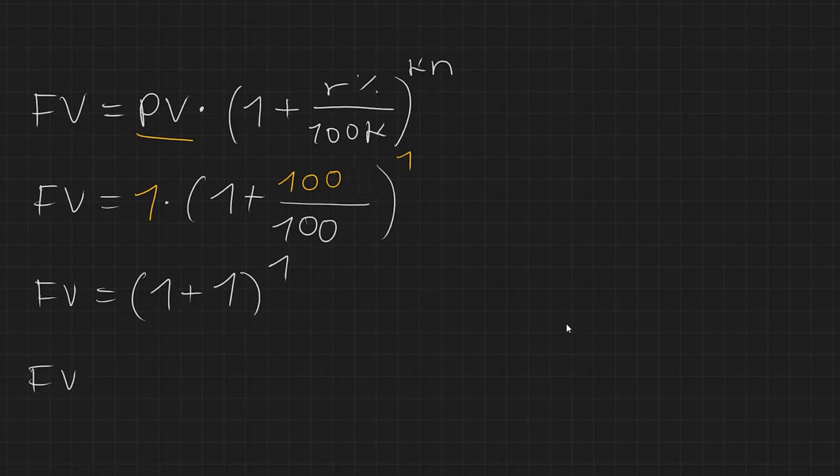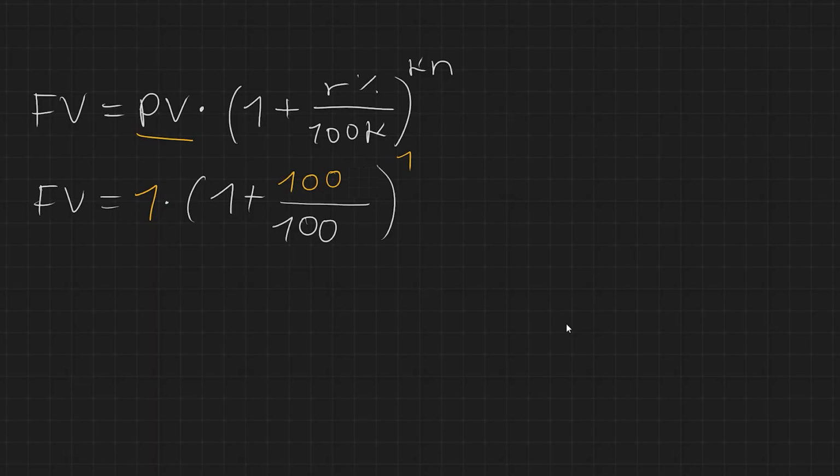So what that means is the future value is equal to 2. What this is saying is that when we put in $1 at the start of the year, it becomes $2 after the year. Let's say that we want to, instead of not compounding it at all, we do it every 6 months.